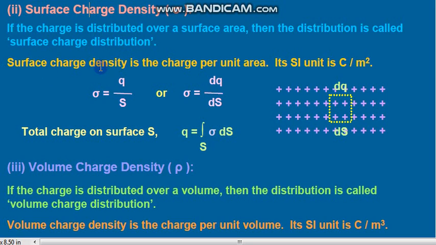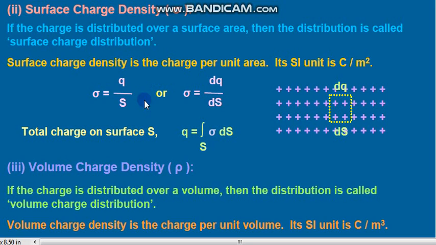Surface charge density is defined as the charge per unit area. It is denoted by sigma, where sigma is equal to q divided by S, or if I take a very small surface area ds on which charge dq resides, then sigma is equal to dq divided by ds.